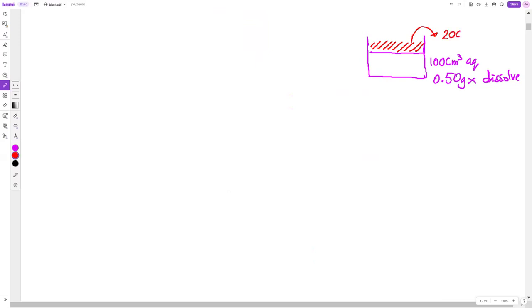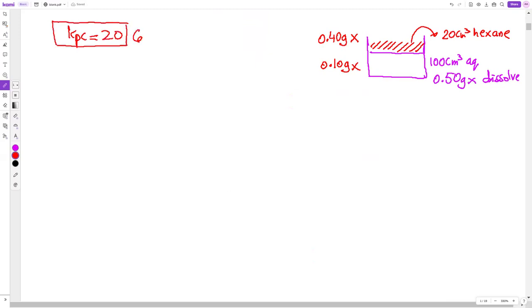So 20 cm cube hexane was added, and then the solution was shaken. We found that 0.40 gram of X dissolved in hexane and 0.10 gram of X was left behind in water. Then we calculated KPC, and it came out to be 20. So KPC always remains constant, as long as this solute and these two solvents are there.